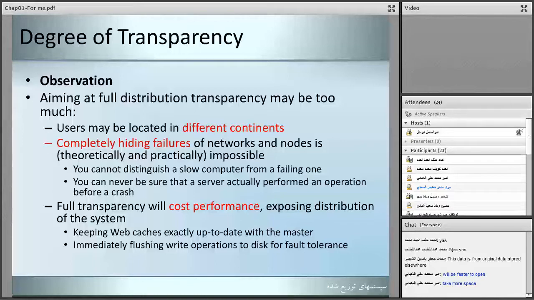So when we have two or more copies of data, remember replication. When we have copies of data, the issue is about consistency. It means the copies must be up to date with each other.